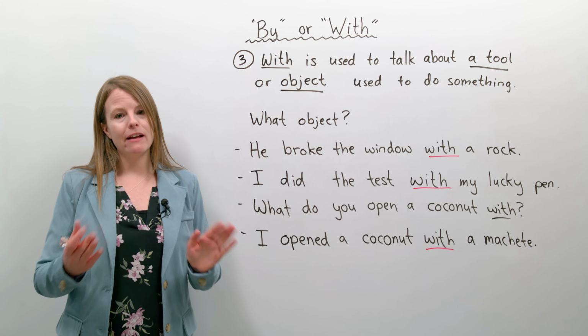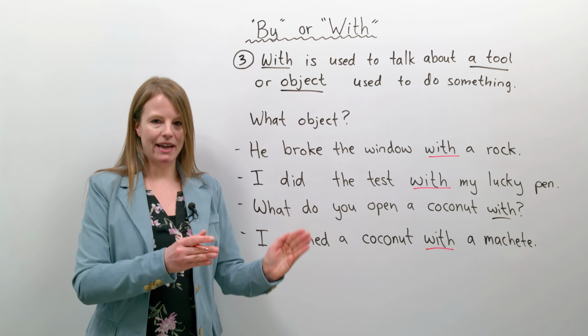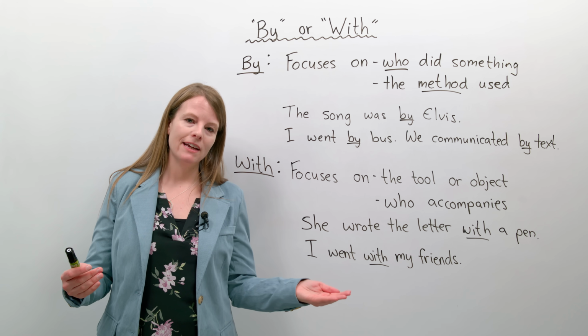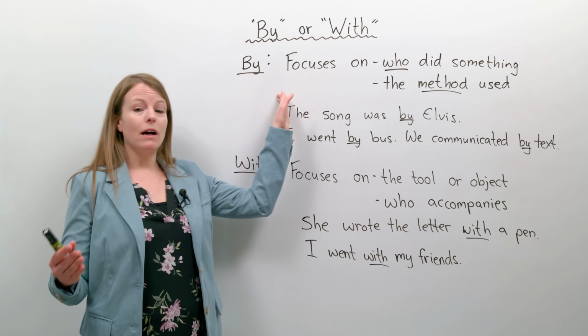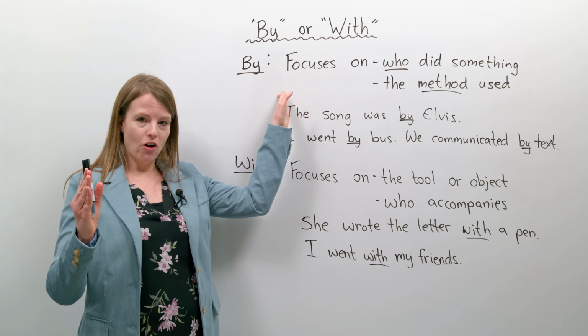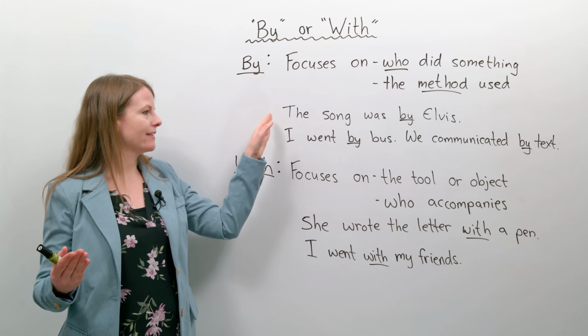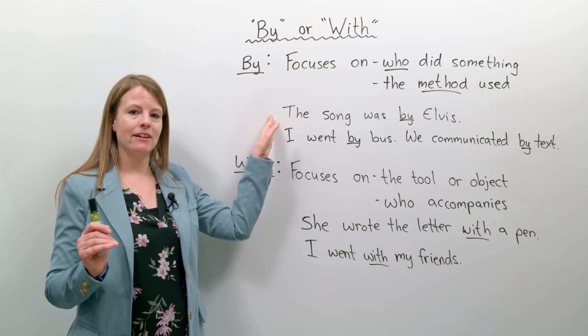All right, well, let's now summarize the key differences between by and with. So we've talked a lot about by, we've talked a lot about with. What are the main differences? Well, by focuses on who did something. So for example, the song was by Elvis. He did the song.